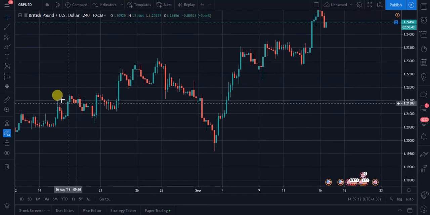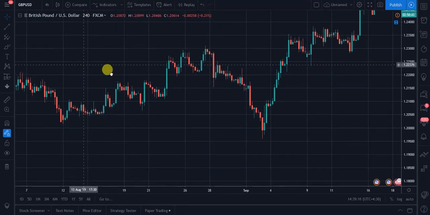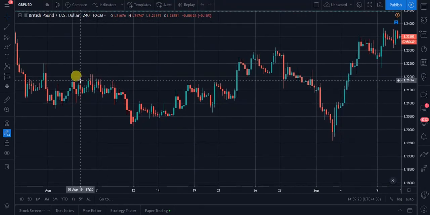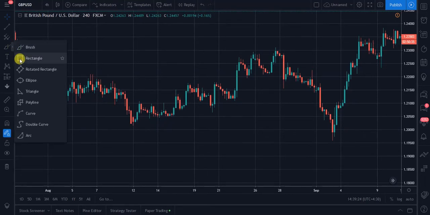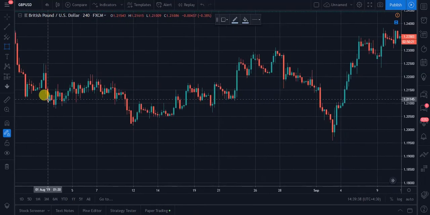As I always teach all my customers, all my users, before using any other technical analysis, the first thing you need to do is draw the support and resistance, or identify the support and resistance zones.